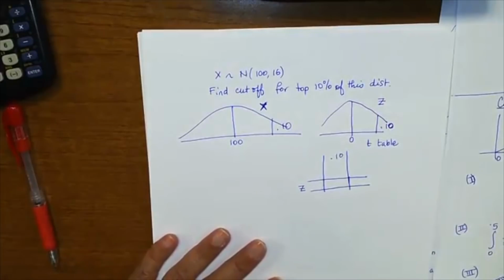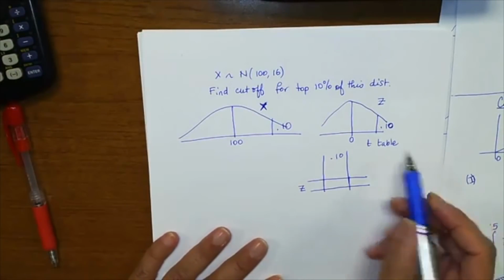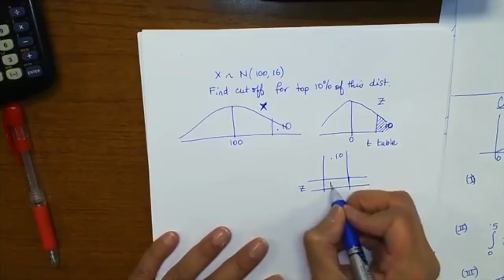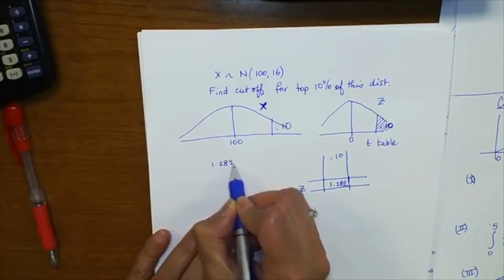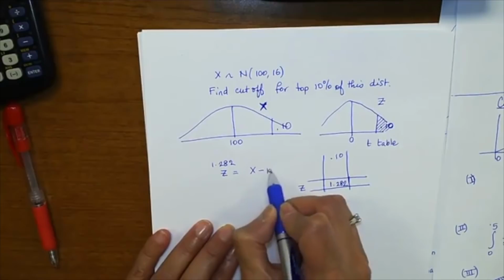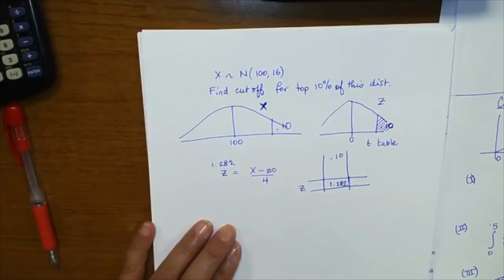Can you do it? T table. How do you know it's the T table and not Z? Because the T table deals with area in the tail. So 1.282, right? Then 1.282, which is Z, equals X minus mu over sigma. Sigma is 4, right?